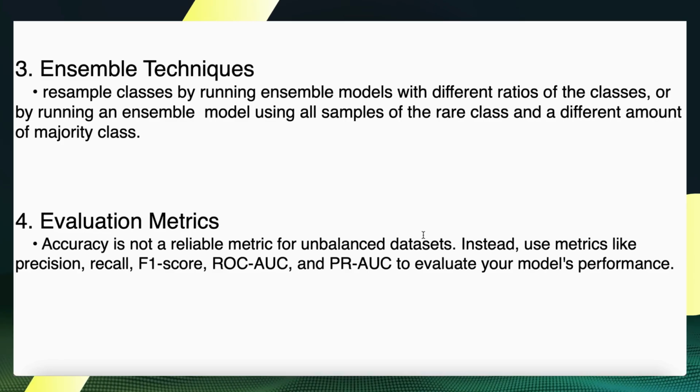Final point is the evaluation metric. This is not a strategy, it is a must have. You can't use accuracy in an imbalanced dataset as a metric for success. The reason being, let's suppose you want to predict 100 samples and, let's say, 2 samples are default, the rest 98 samples are not default. However, your model predicts all 100 as non-default.